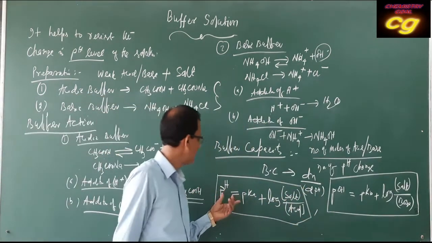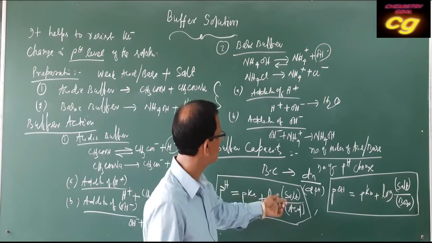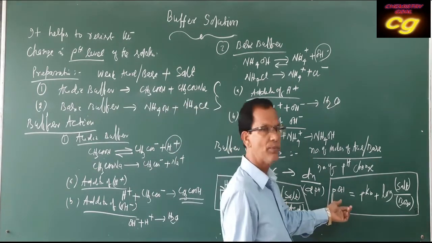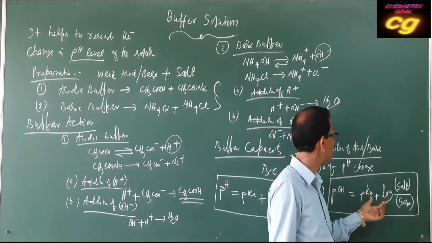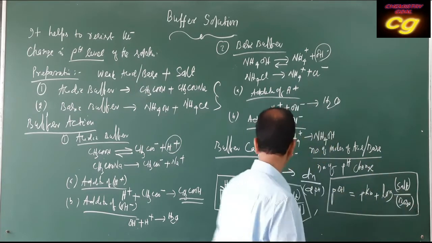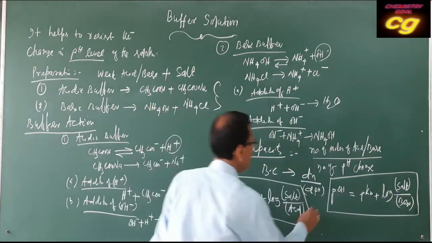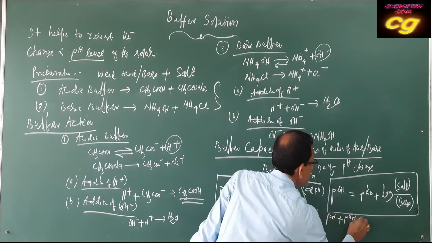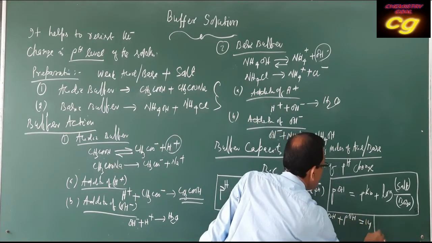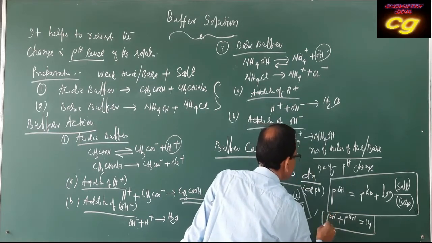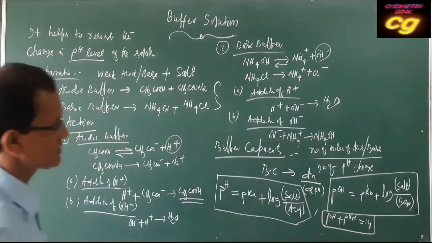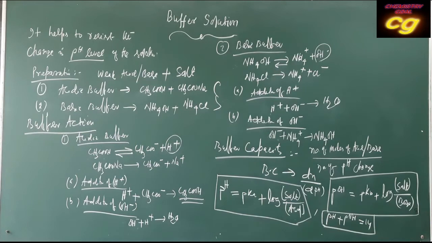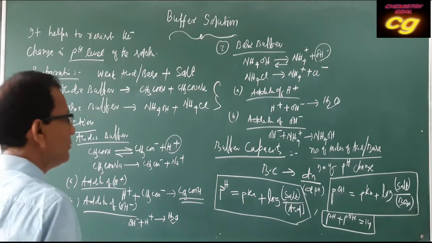For acidic buffer, pH is equal to pKa plus log salt upon acid, and for basic buffer, pOH is equal to pKb plus log salt upon base. But we know the formula that pH plus pOH is equal to 14. This formula you have to remember.